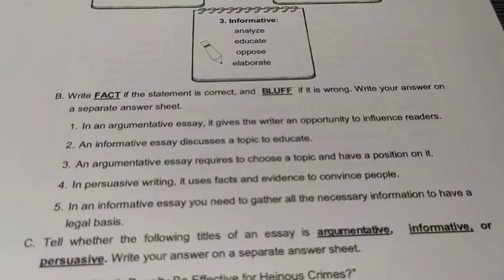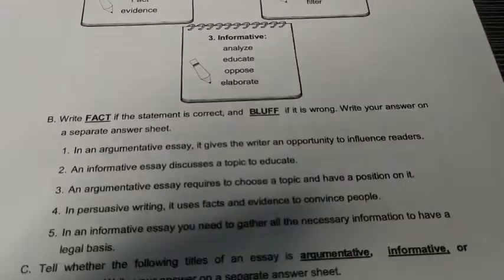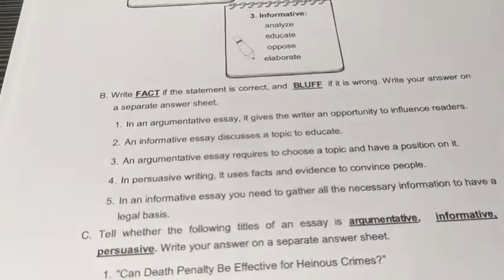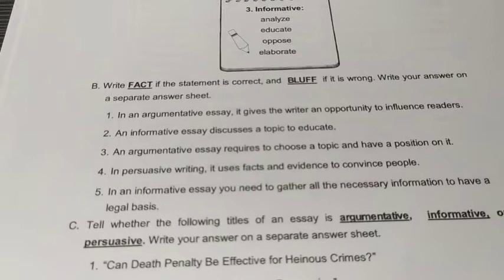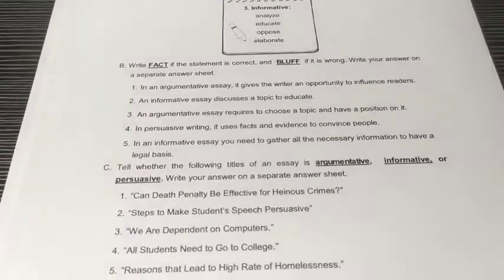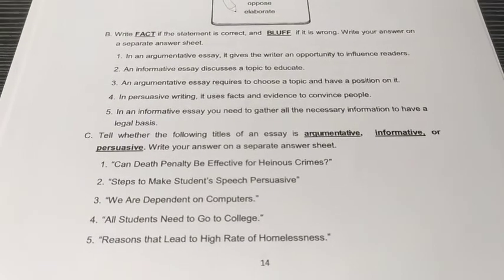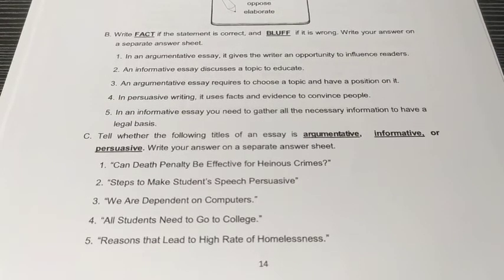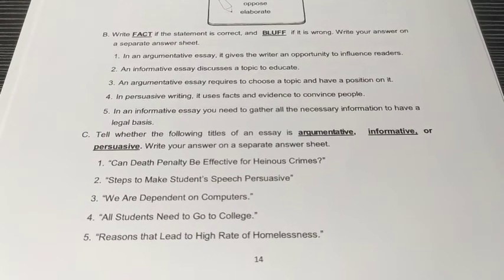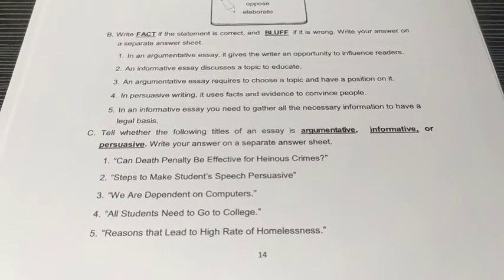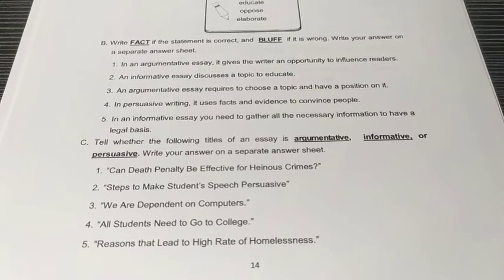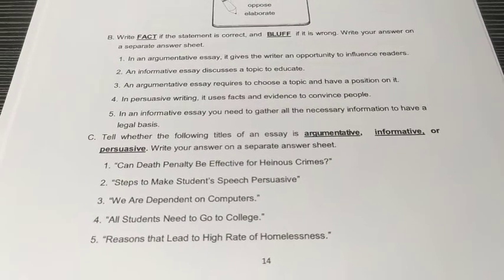Then bluff, it is wrong. So you will read each statement for you to know if it's a fact or bluff based on what we have discussed. Then letter C, argumentative: tell whether the following titles are argumentative, informative, or persuasive. So from the title itself, we can see if it's argumentative, informative, or persuasive.